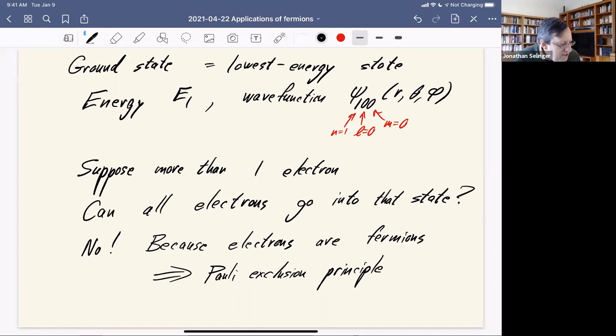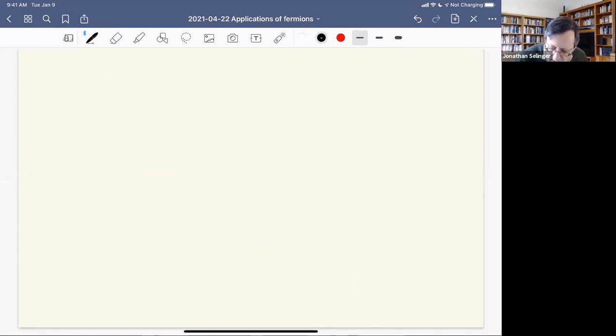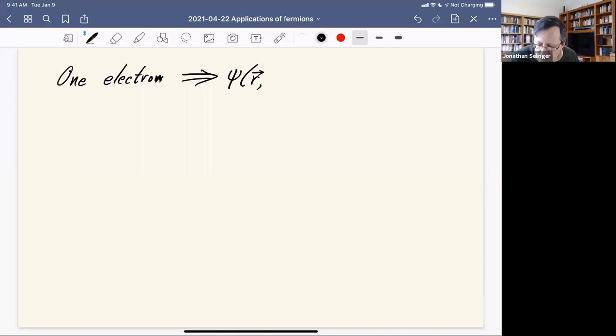So what can you do? Well, if there's only one electron, what is its wave function? It needs a wave function that depends on the position of the electron and on the spin state.